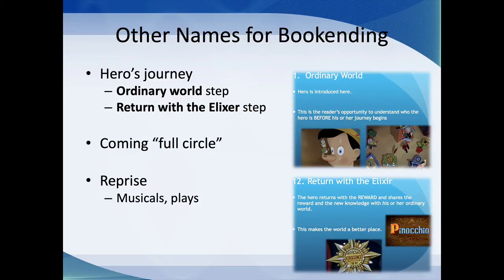You might also hear us say things like, this text comes full circle. It completes the cycle. It completes the circle. It comes back to where it began. Well, if it started here and comes back to where it started, that means it began and ended in the same place. That's bookending.